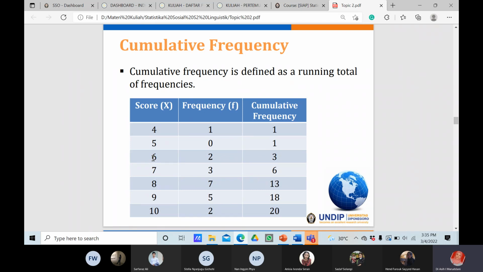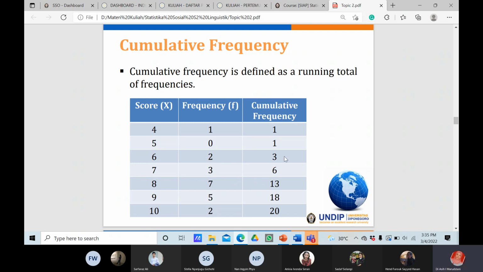At the row of score 6, the frequency is 2. The cumulative frequency is 3. This 3 comes from 1 plus 2.